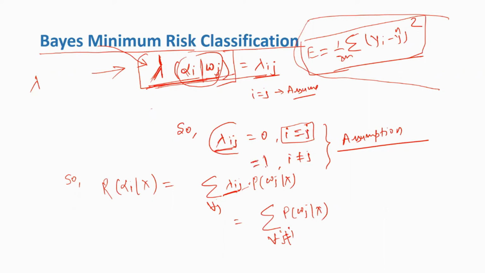We are assuming it, and in that case we have this formula of risk. Now we can also write this risk while taking any action alpha i given any feature vector x as 1 minus probability of omega i given x, not j. 1 minus, I'm saying.